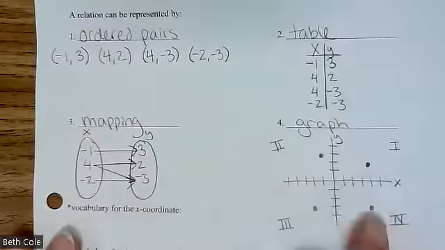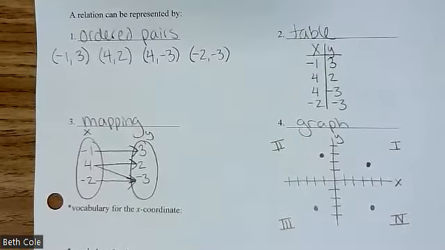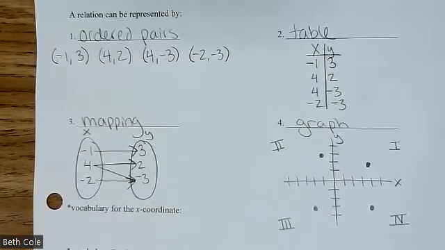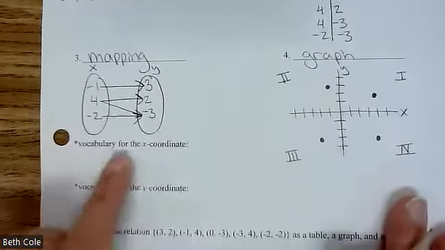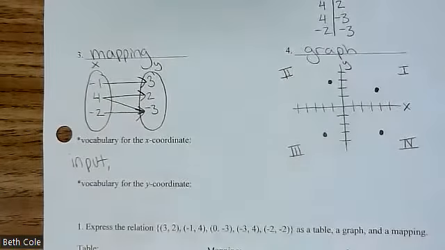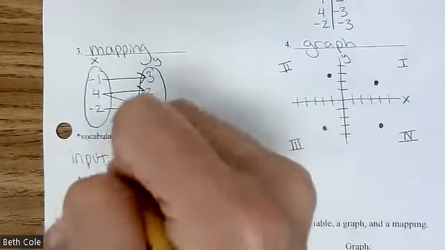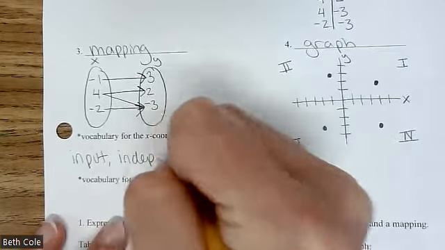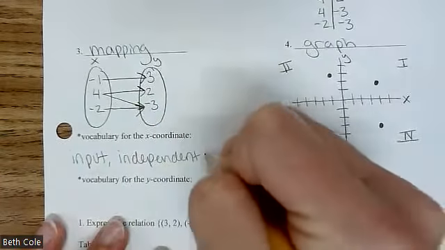So those are the 4 ways you can represent relations, okay? Just a connection, a relationship between the 2 variables. So vocabulary: for the x coordinate, we can say input. That's what you input to the function. It is the independent variable.